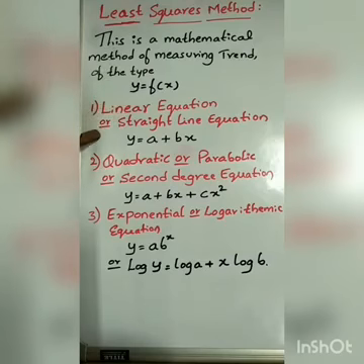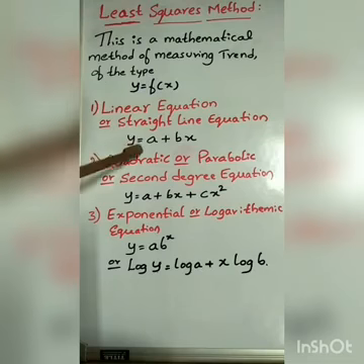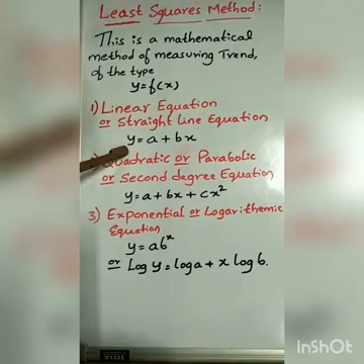First one is linear equation or a straight line equation. This is nothing but what you have learnt in mathematics, slope intercept form, which is of the kind y is equal to a plus bx.